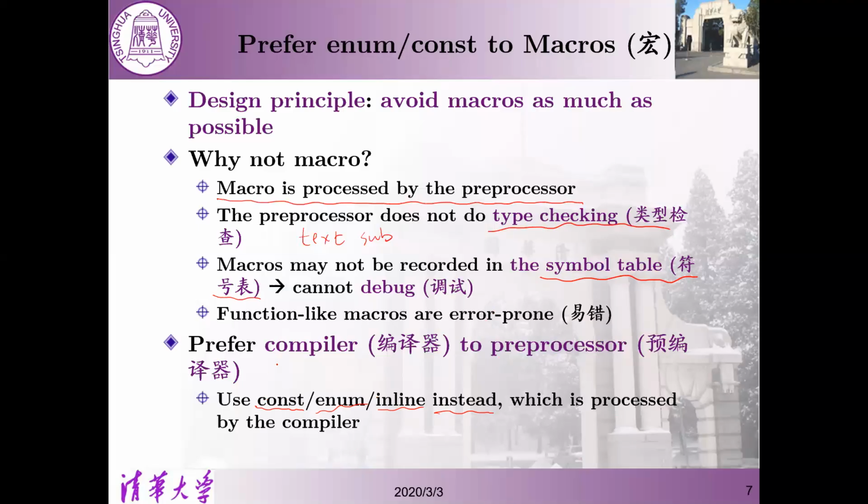Because these are processed during the compilation process, that means we prefer compiler to preprocessor. Macros are processed by the preprocessor. So we prefer compiler to preprocessor for better safety, type checking, debugging, and more convenient usage.